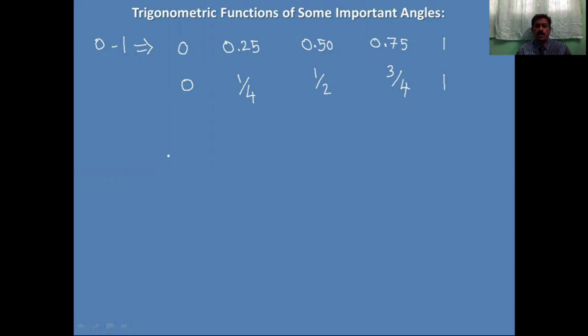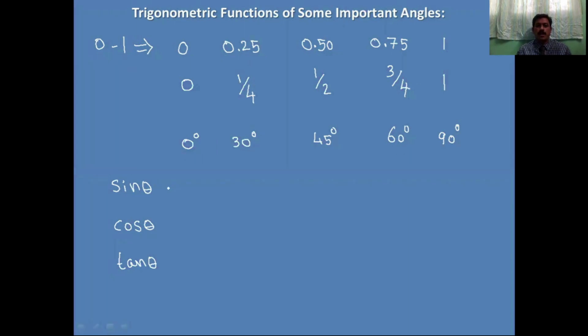Now I'm going to write the angles: 0 degree, 30 degree, 45 degree, and finally 60 degree and 90 degree. So how are we going to remember sine theta of all the above angles? Similarly cos theta, and similarly tan theta of all the above angles.